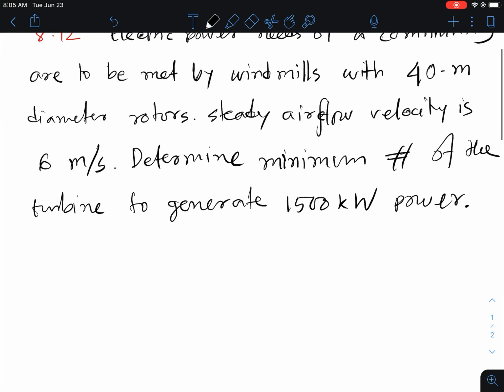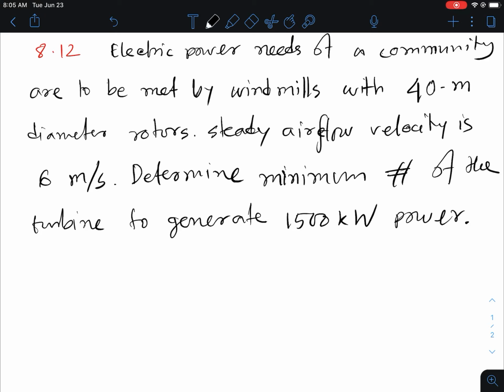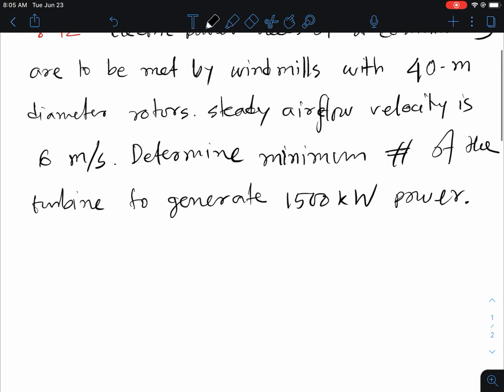So basically let's solve this problem. It is asking how many wind turbines we need to install in that area to generate 1500 kilowatt power.